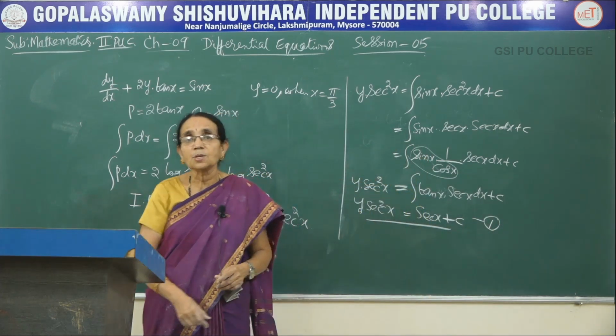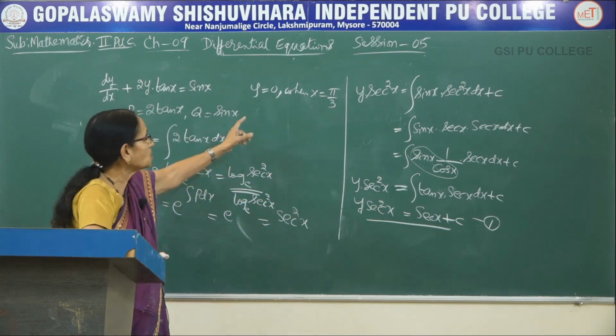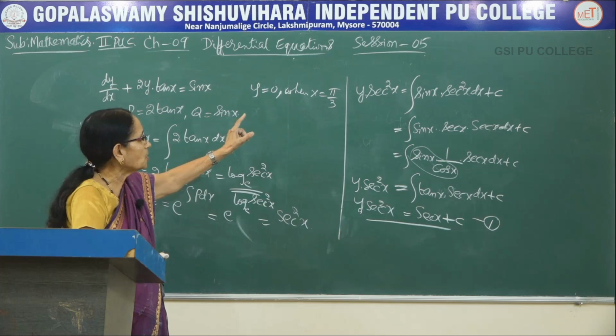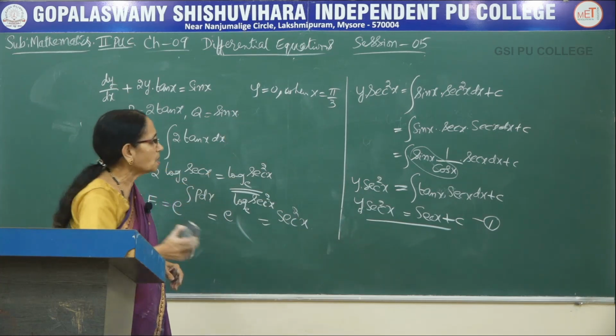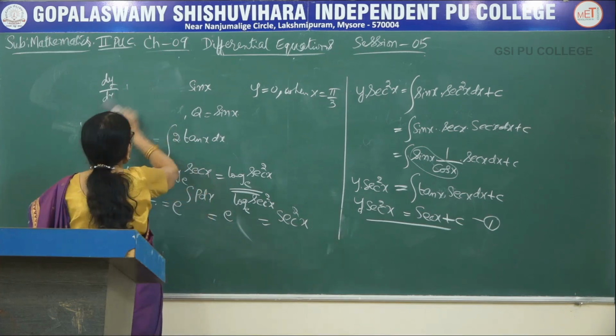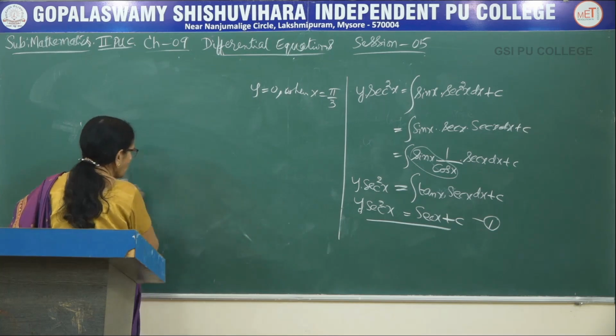But what I have told you in this problem is that you have to get a particular solution. What are the values here? When x is equal to pi by 3, y becomes 0. So wherever x and y are there, write those values. Write y is equal to 0 and x is equal to pi by 3.